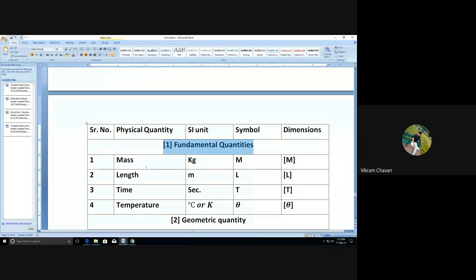So the first segregation is fundamental quantities. In that, the first one is mass. SI unit is kg. Symbol is capital M, and dimensions also in square bracket M.